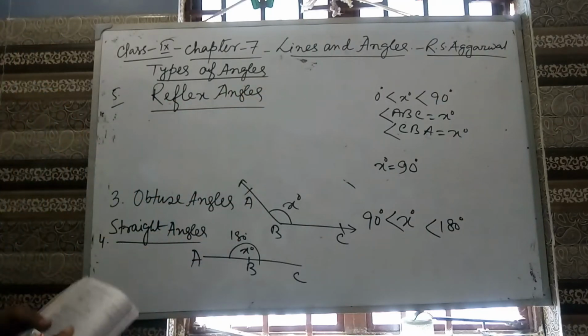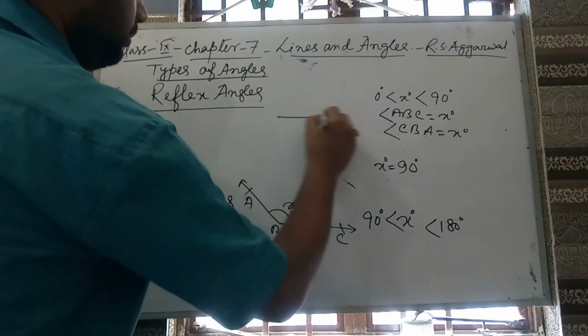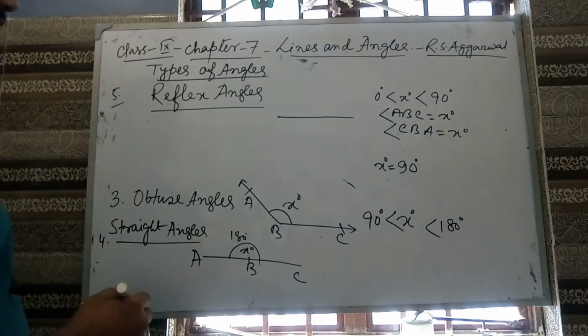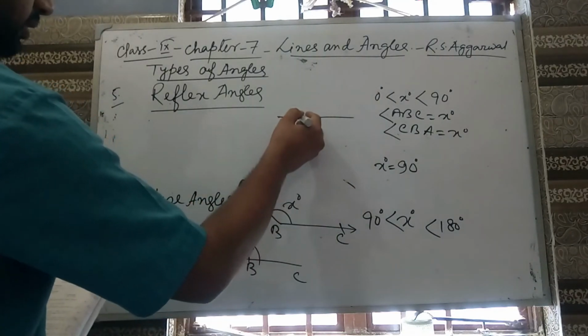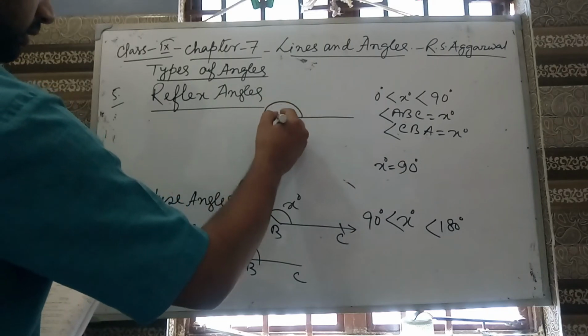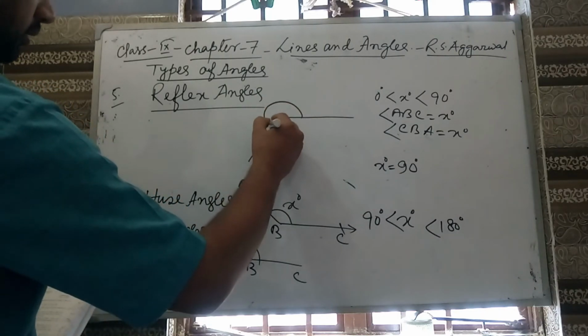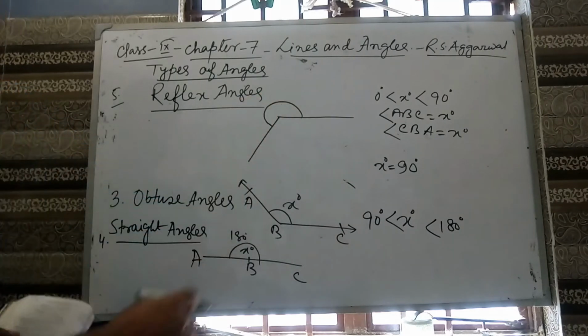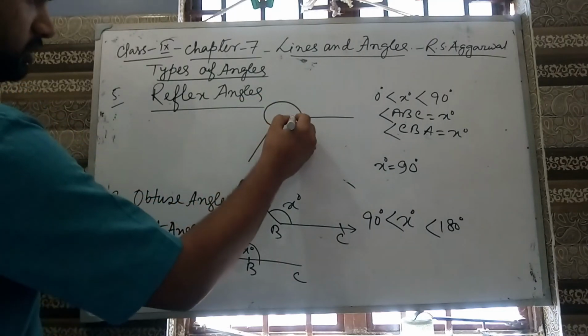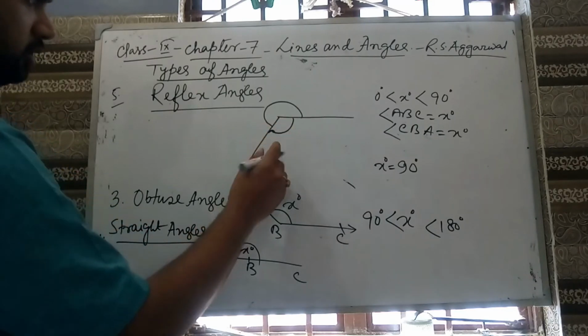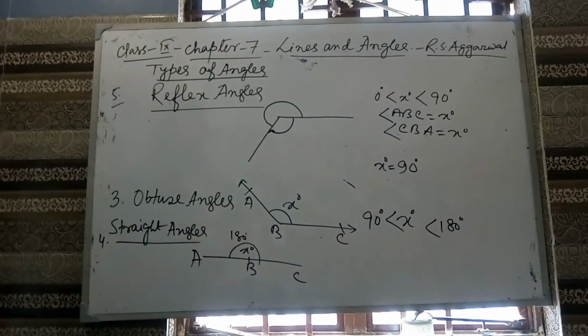Reflex angle means, suppose this is a line and your angle is like this. This is your angle. Look at this point, we have two angles. If we consider this one, it will not be a reflex angle.